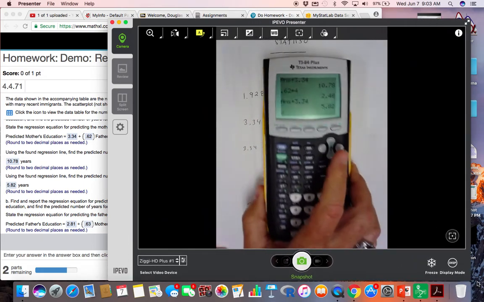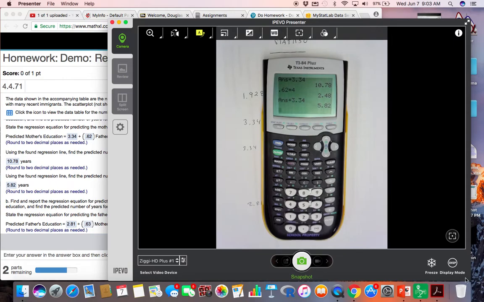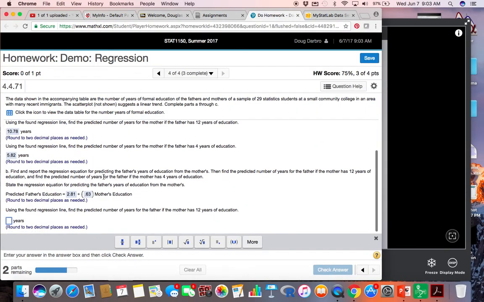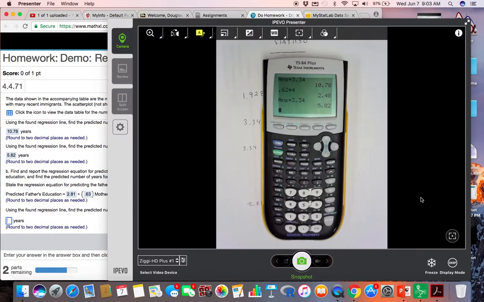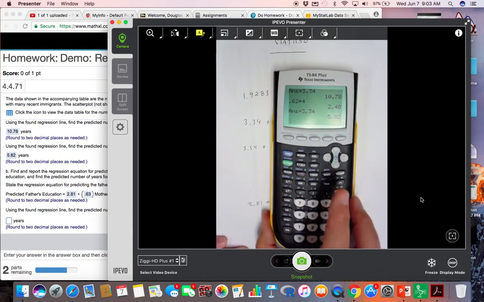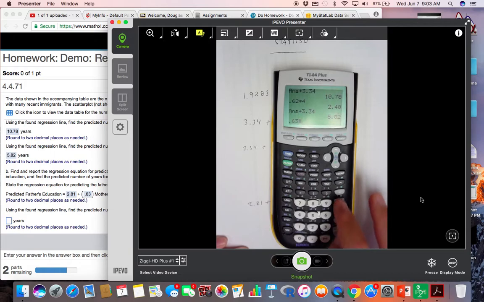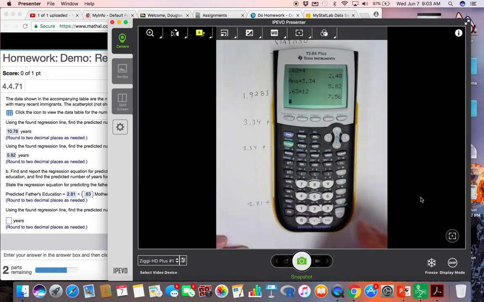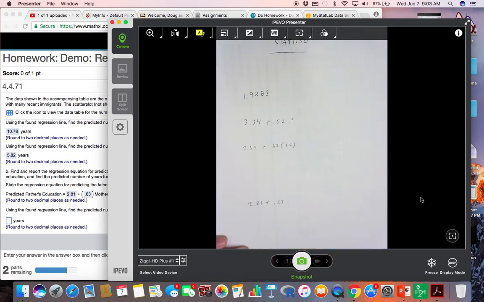So what I would do in this next problem, let me make sure that I'm on track here. So 12 years of education. What I would do is take 0.63 times 12, and then add the vertical intercept to get 10.37.